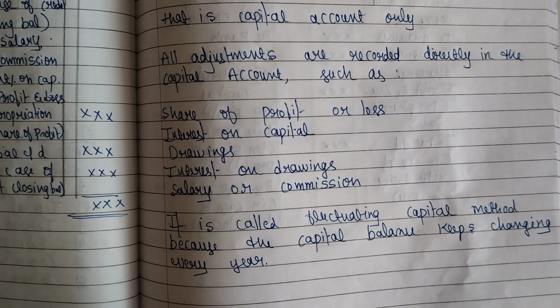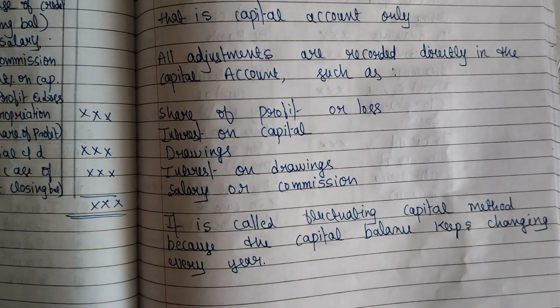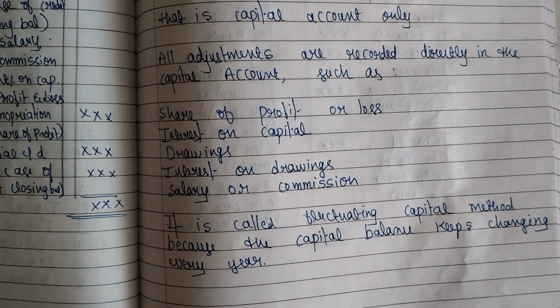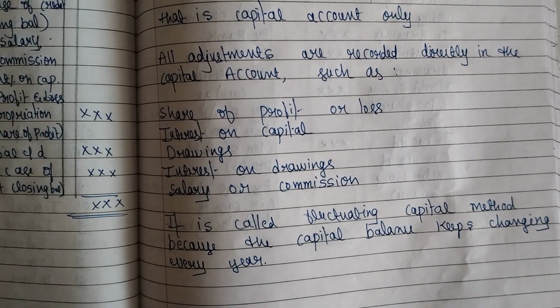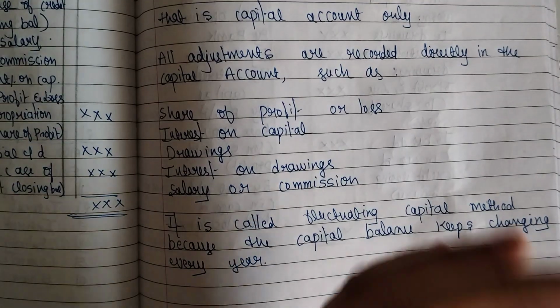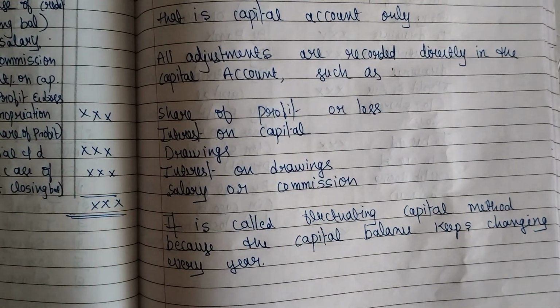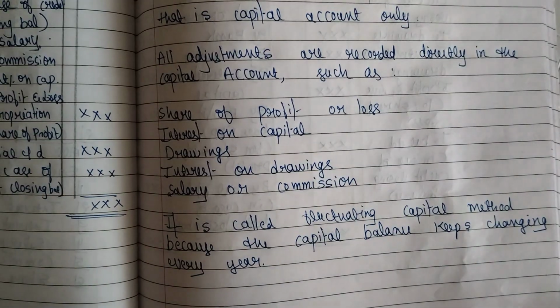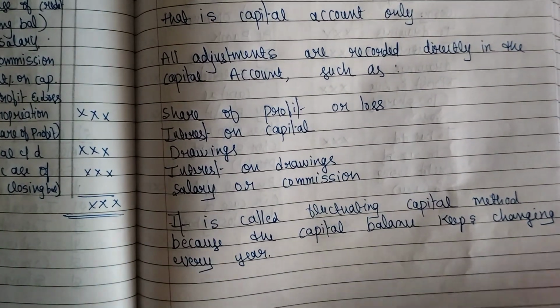Profit increases capital, loss decreases capital, drawings decrease the capital, interest on drawings decreases capital, and interest on capital increases capital, right? So because of these continuous additions and deductions, the capital does not remain fixed. That is why it is called the fluctuating capital method, clear. So I hope this is clear to you all.